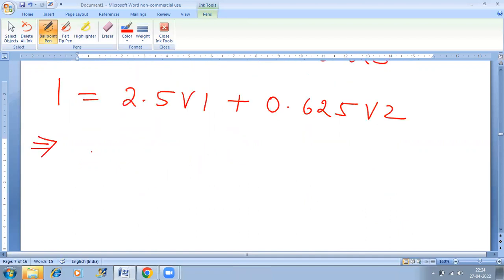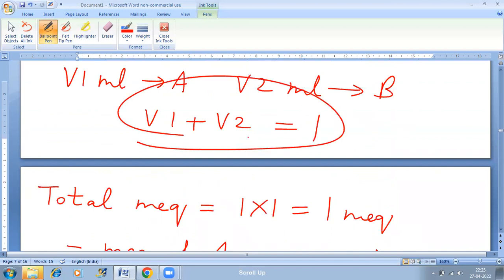If I divide both sides, then what will happen? So let's divide. Then I'll get 1.6 is equal to 4V1 plus V2. I have divided by 0.625. Okay. And V1 plus V2 is equal to 1.